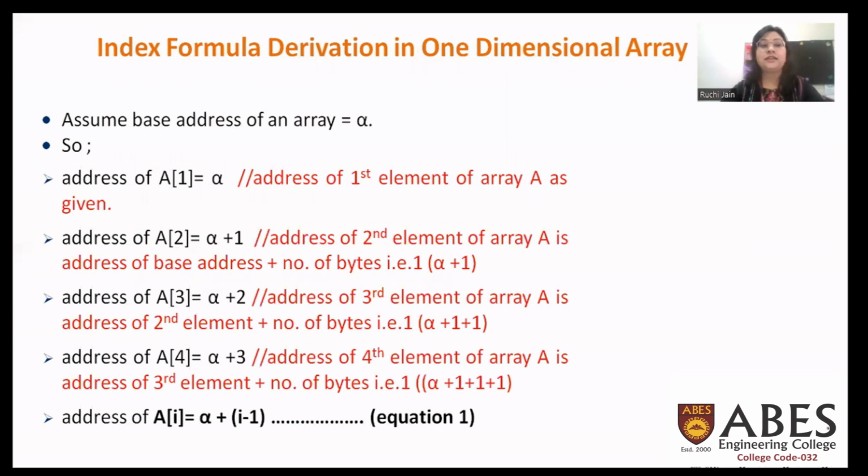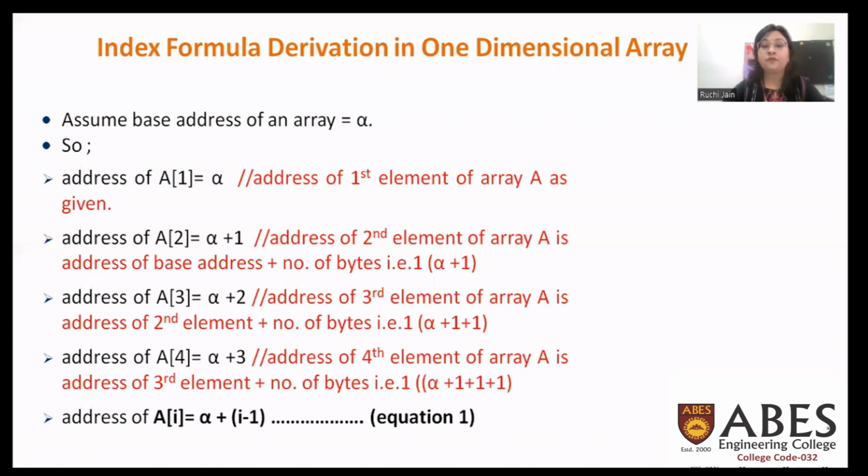So here we consider that the base address of that particular array equals alpha. Now we move one step from the A1 position to the A2 position. Then the address becomes alpha plus 1. Alpha plus 1 stands for the address of A1 plus one step, moving from A1 to A2. Now we move from A2 to A3. Then the address becomes alpha plus 2.